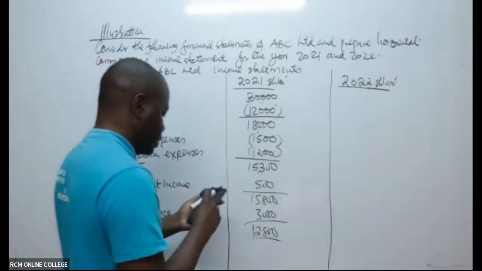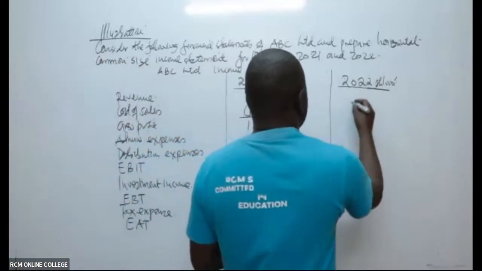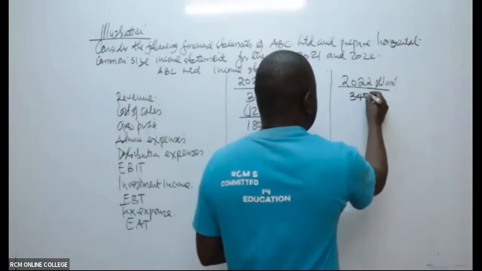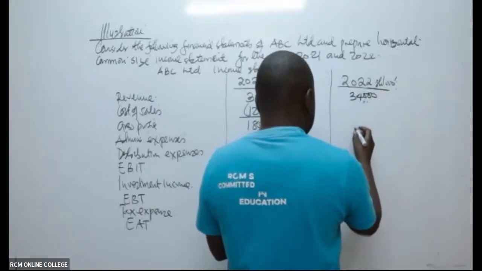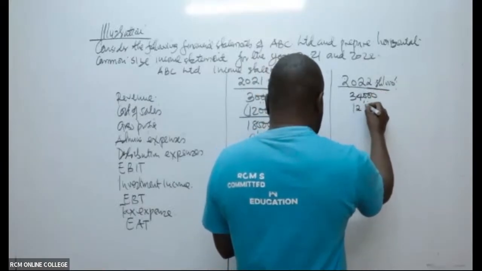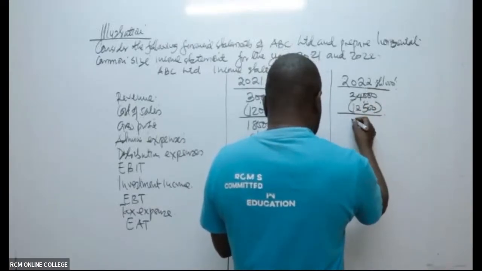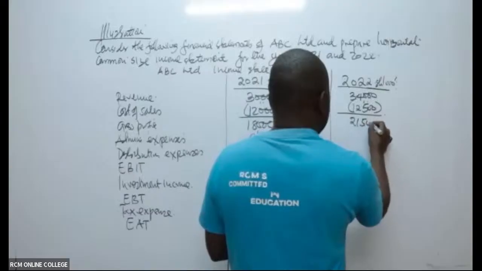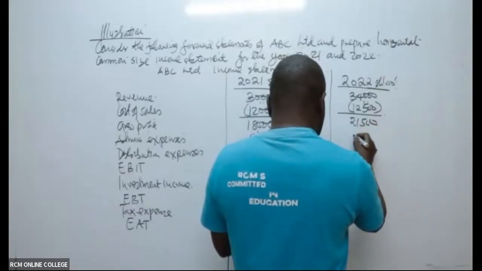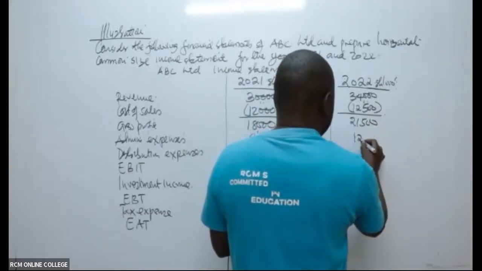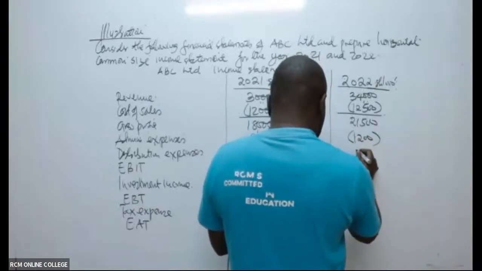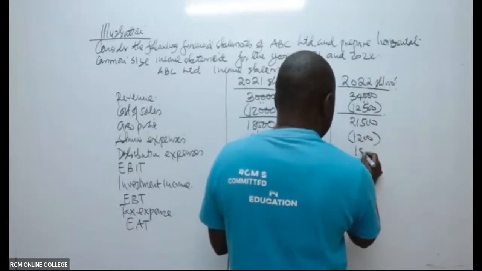So you can also do the same for this one. This one is 34 million. This one is 12,500. That will give you 21,500. Then this one is 1.2 million. This one is 1.8 million.